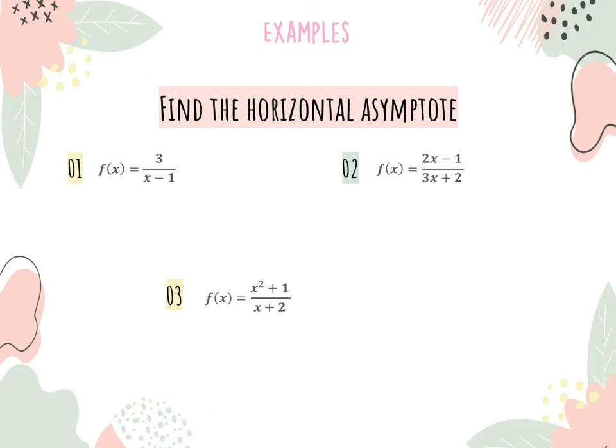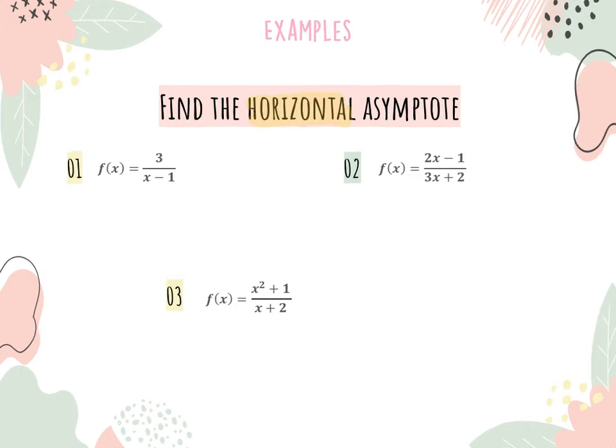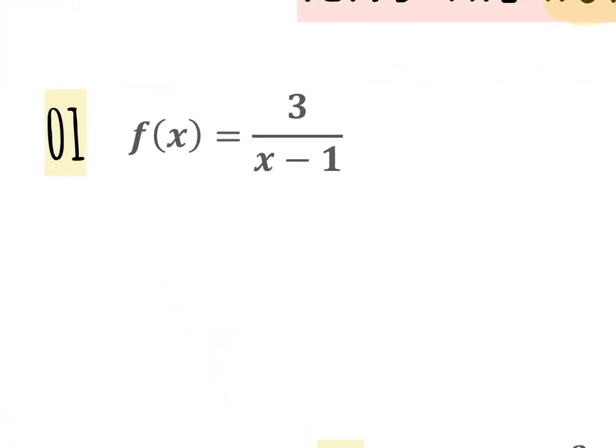All right, so let's find just the horizontal asymptote, okay? So just horizontal, I'm making up words today. Horizontal is all I'm worried about, okay? So I want to look at my function. Number 1 says 3 over x minus 1. What's the highest exponent in the numerator? 0. There is none, right? So the n is 0.